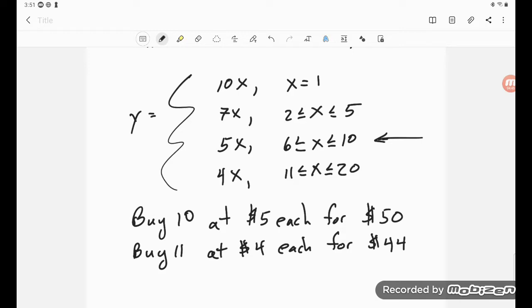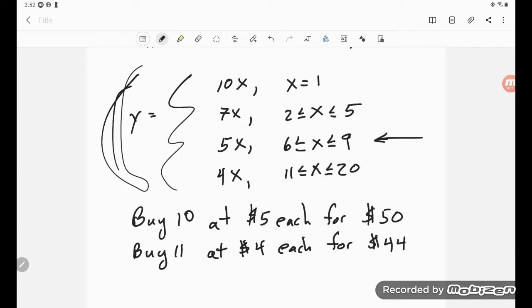And what I'd really like to do is change my model here so that it doesn't make me lose money. Because now if I went to buy 10 items, it would tell me, don't buy 10 items.